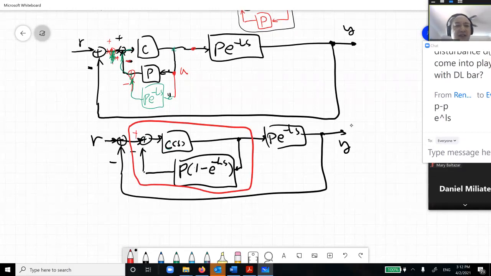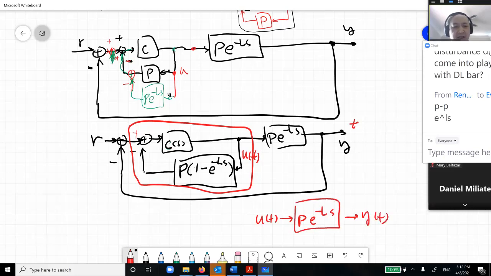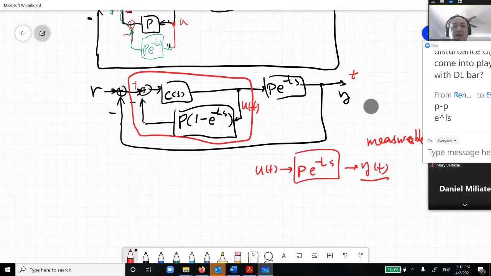So at time t, you have a u of t, right? And u of t goes through P e^{-Ls}, then you get y of t, okay? So y of t is measurable. But if you have a u going through P, what's this?